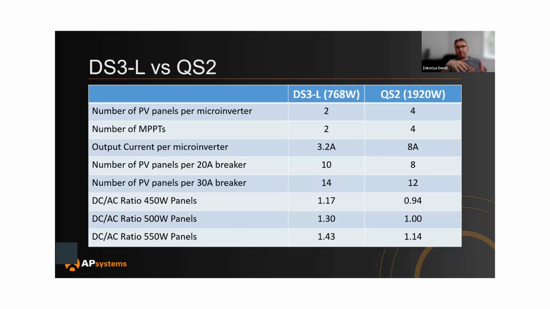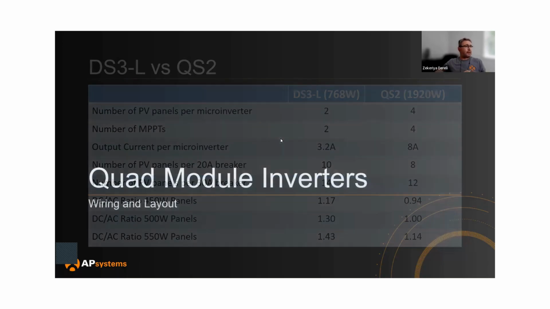For that purpose, and if you're an experienced installer who was just waiting for the QS2 to be released, well, there you have it. Pick your option. But again, QS2 is more or less about reducing your overall BOM cost.